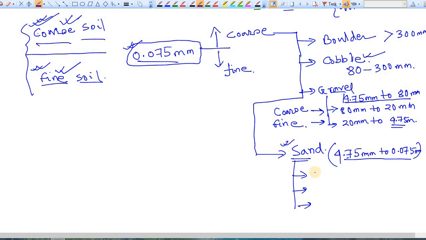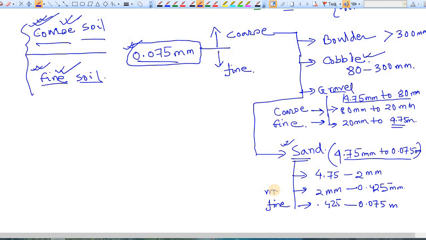First is coarse sand, from 4.75 mm to 2 mm. Next is medium sand, 2 mm to 0.425 mm. And the last one is 0.425 mm to 0.075 mm, which is known as fine sand.